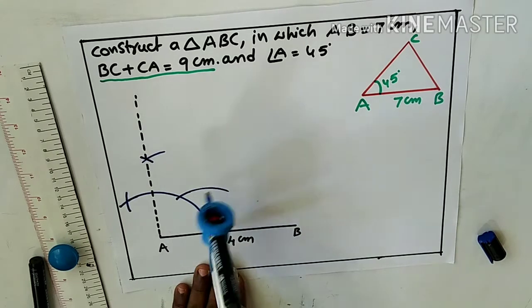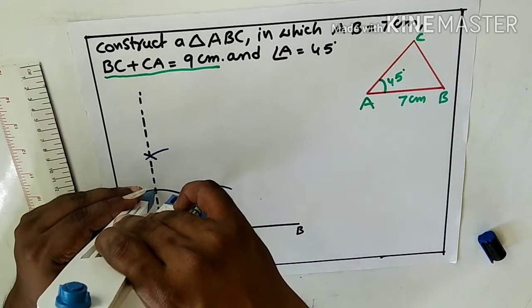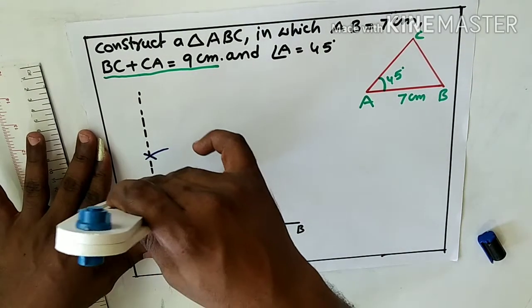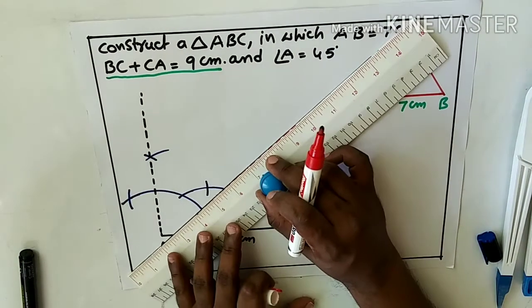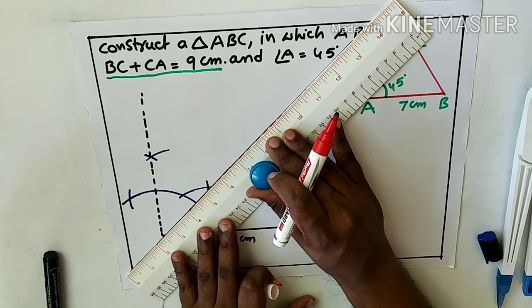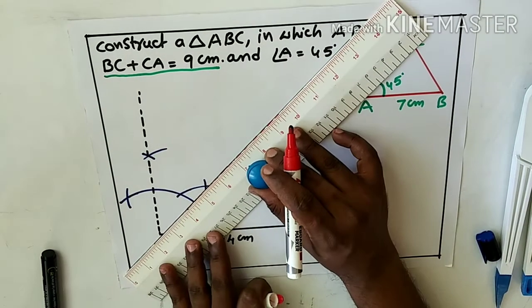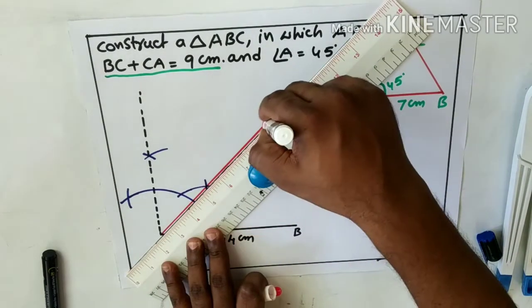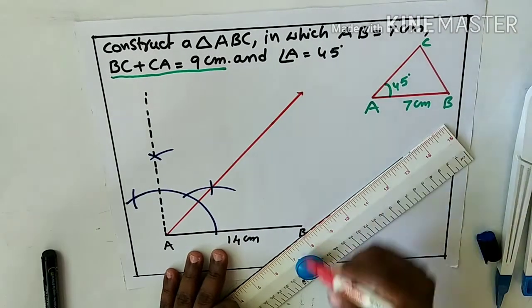See, now from this point, we got the 45 degrees angle. Join them. Now I am joining the 45 degrees line. So this is 45 degrees.